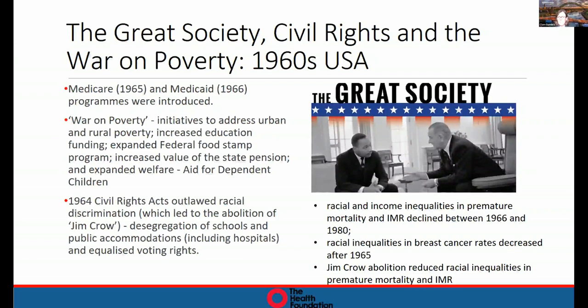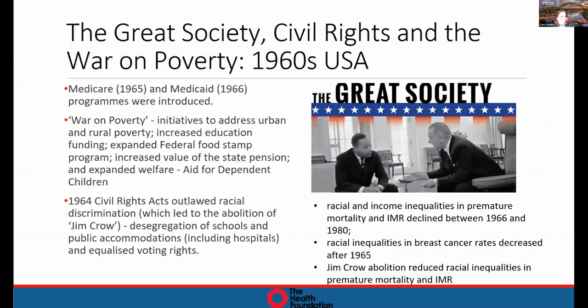Work by Nancy Krieger and colleagues at Harvard University has been examining the impact of this great reform period on health inequalities in the States, and they found that both racial and income inequalities in premature mortality and infant mortality rates declined after the introduction of these big changes to healthcare, social security and political participation.